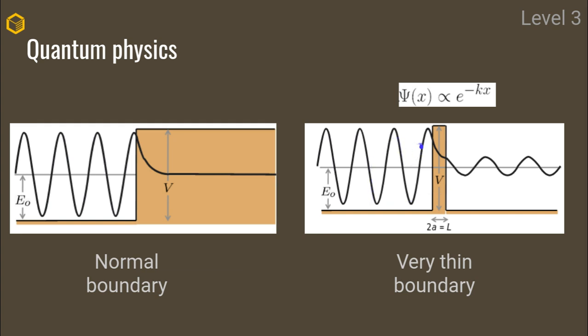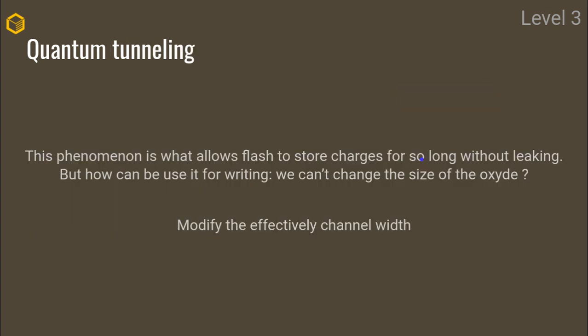So let's say my particles have a very small amplitude, so a very small potential energy and such a very small probability of actually being here, then they would see the probability of going through it going really down, and so they wouldn't be able to go through this barrier, and this would mean that my charge cannot leak through this barrier, which results in non-volatile memory.